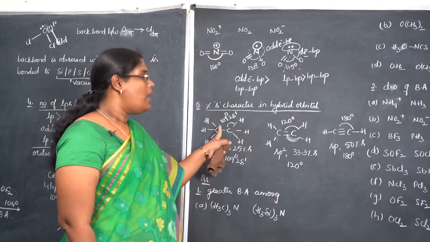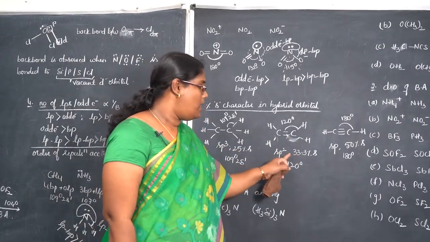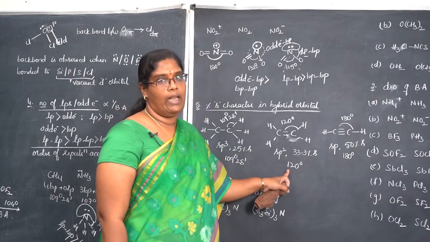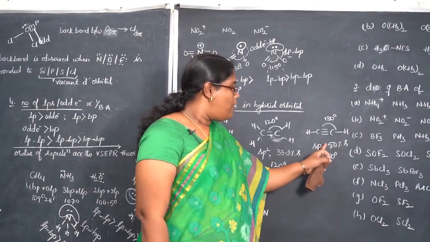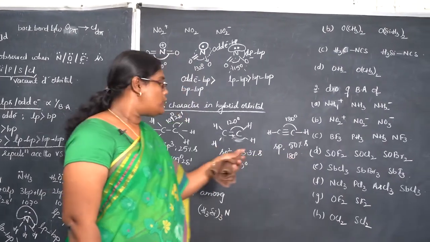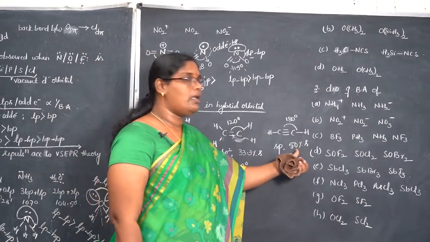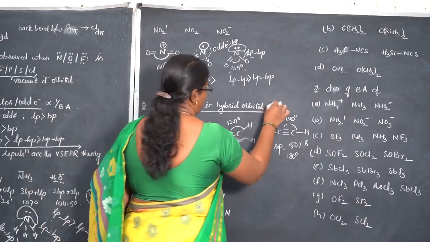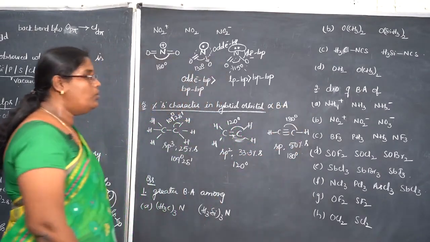In ethylene, it is sp2 hybridization, 33.3% S, and the bond angle is 120 degrees. In acetylene, it is sp hybridization, 50% S, and the bond angle is 180 degrees. So we can conclude that as the percentage S character increases, the bond angle increases. Percentage S character in the hybrid orbital is directly proportional to bond angle.